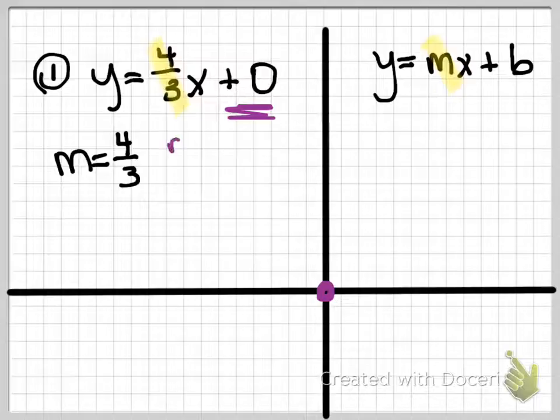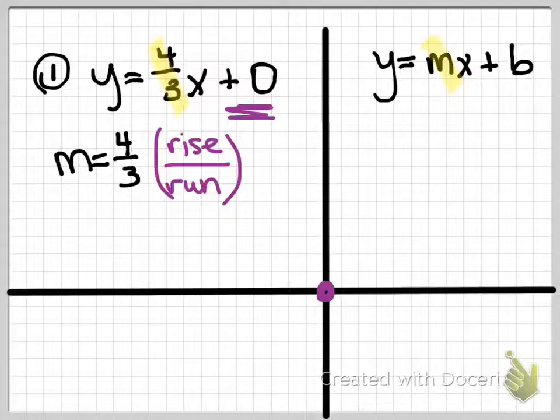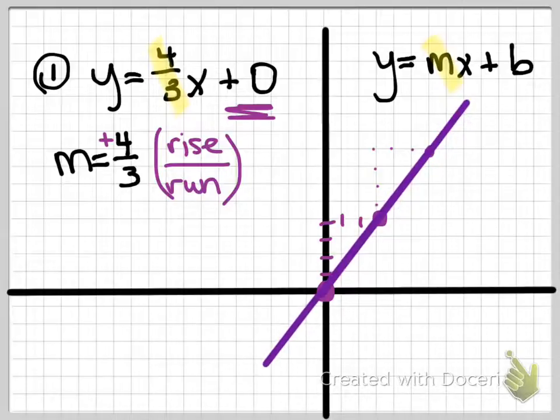Remember, slope is rise over run. Our rise is a positive 4. That means go up 4. Our run is a positive 3. That means go to the right 3. You can do that twice. You have 3 points now. All you need to do is connect the points, and you've graphed that equation.